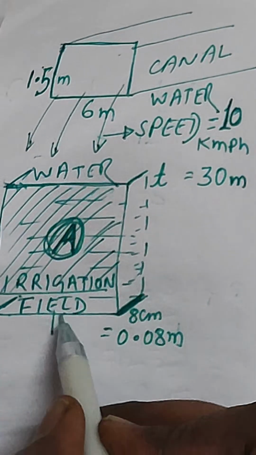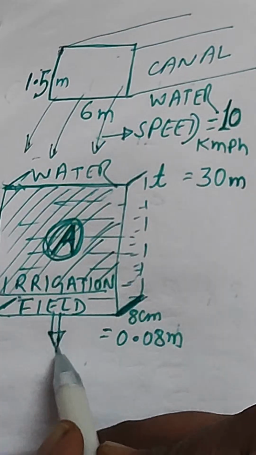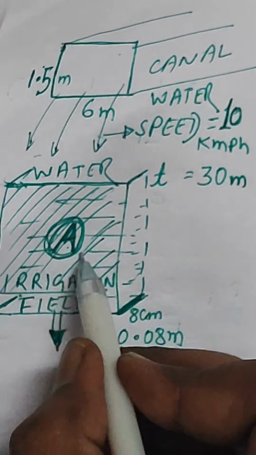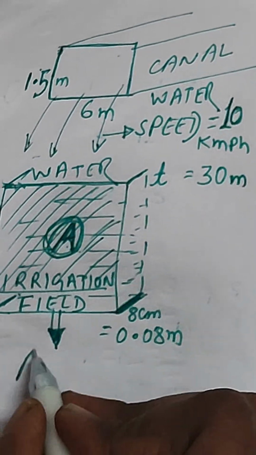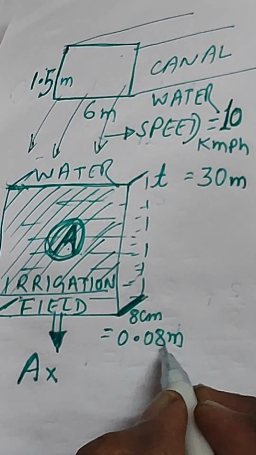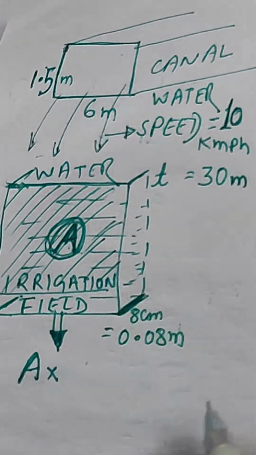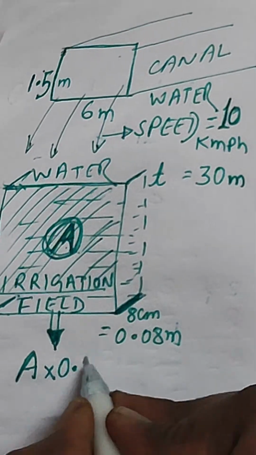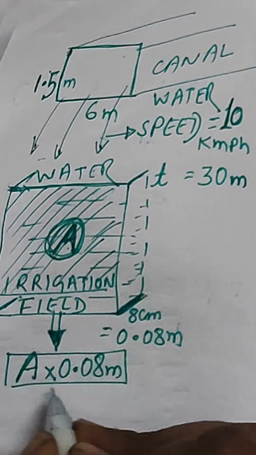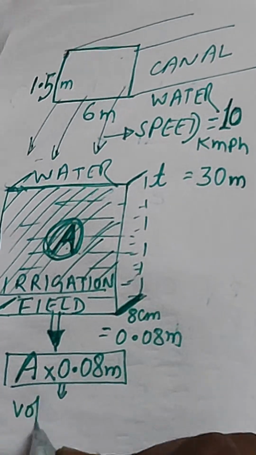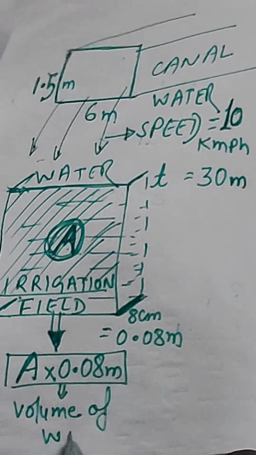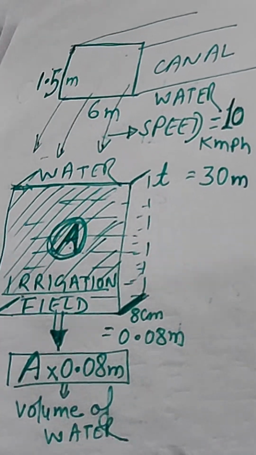This field will look like a cuboid whose L, B and H are given, but L times B is nothing but area. So this area multiplied by the height of water which needs to be standing in the field, that is 0.08 meter, will give you the volume of water.